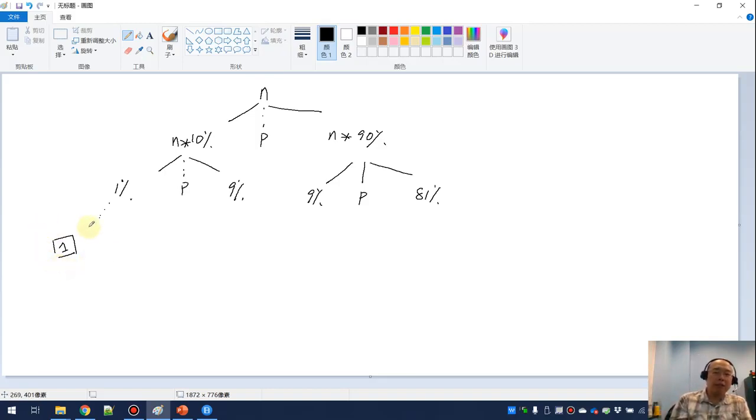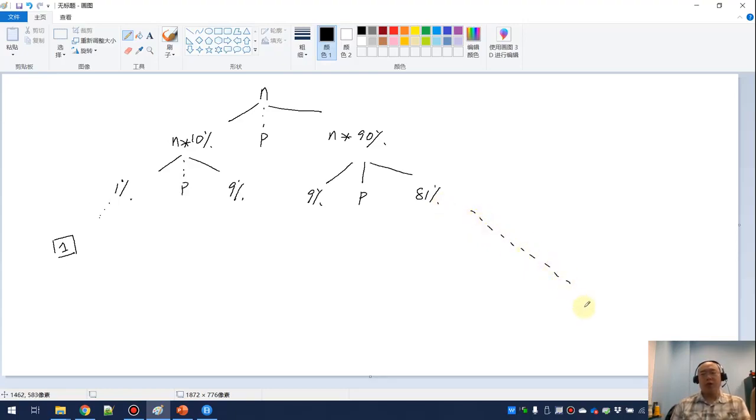We reach the base case very quickly on one side. And how about the other side? On the other side, we will have 90%, then 81%, then probably 70-something%, then 60-something%.